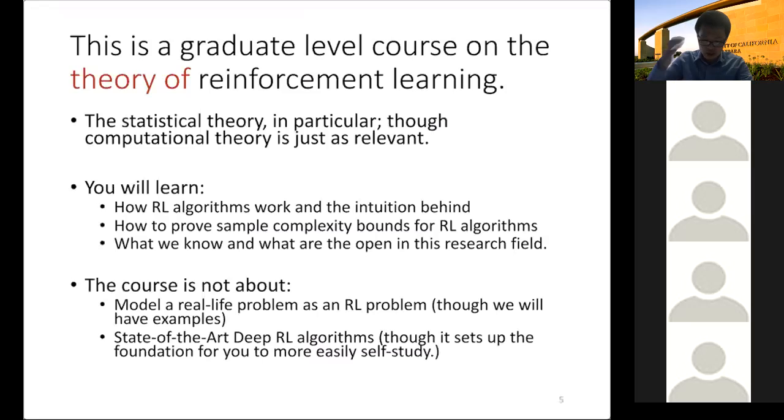Okay, so you will learn about the intuition behind RL algorithms, in terms of how people came up with those ideas for stochastic approximation and function approximation, and how people resolve the corresponding issues in these approaches in designing RL algorithms. And we'll also learn how to prove the sample complexity bound.